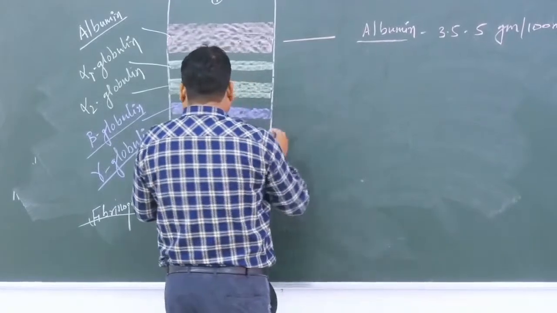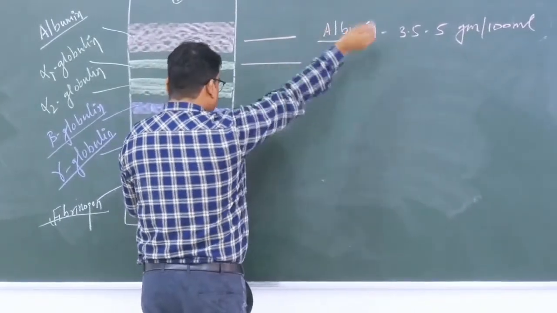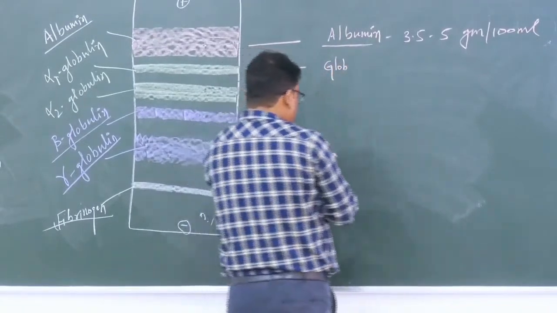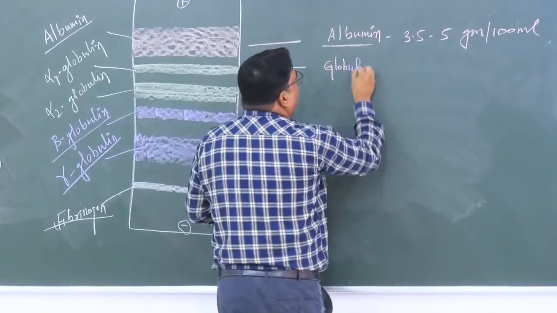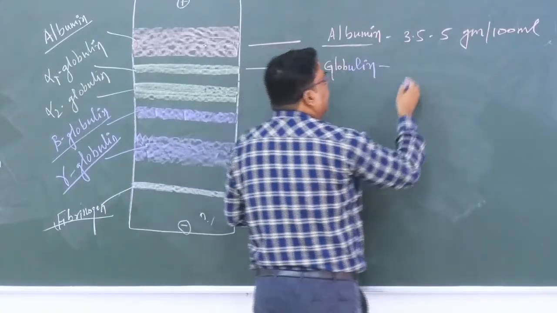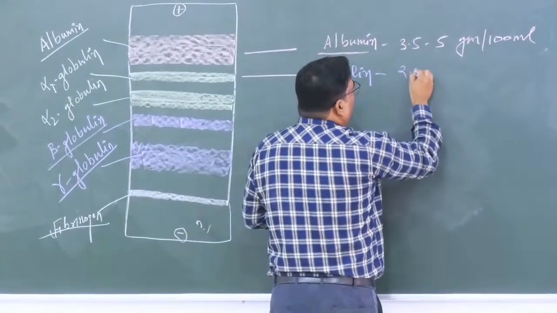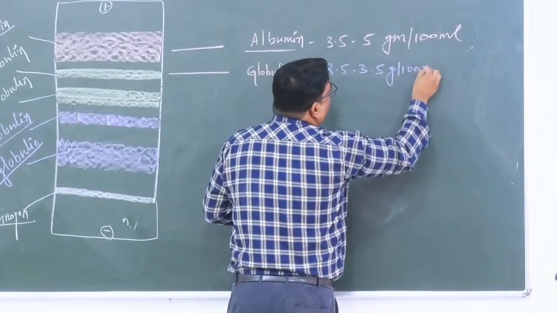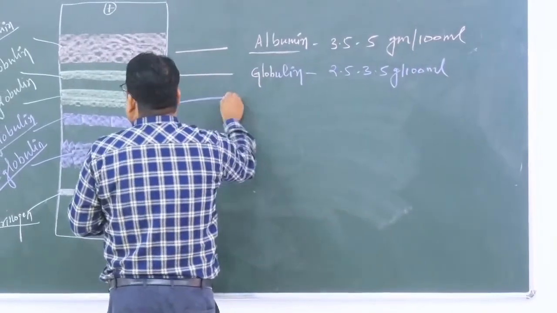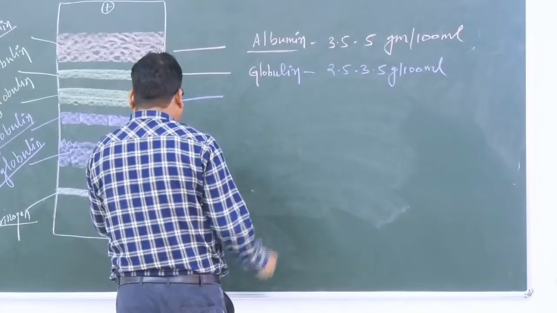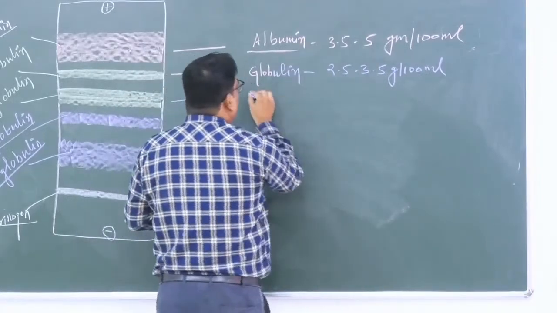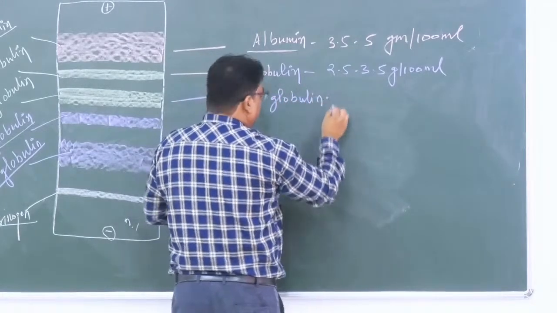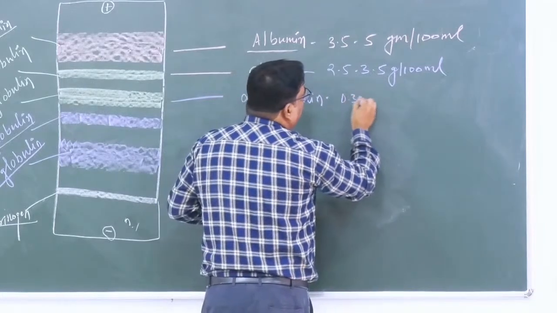After that, globulin: alpha 1 globulin is 2.5 to 3.5 gram per 100 ml. Then alpha 2 globulin is 0.3 to 0.5.